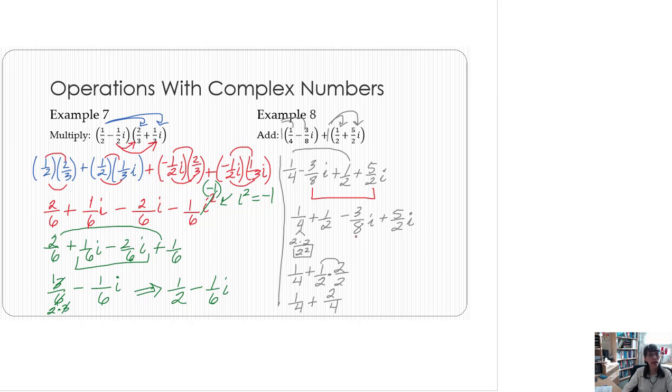I have 3/8 i and 5/2 i. 8 and 2 are not the same, so I need to break down 8 as 4 times 2, but 4 is 2 times 2, so I can see that 2 cubed is the factored form of 8.